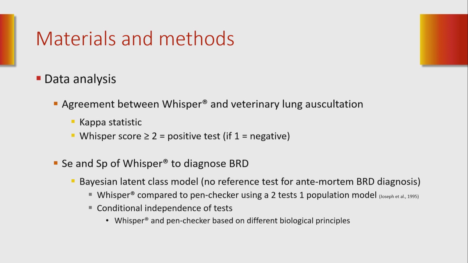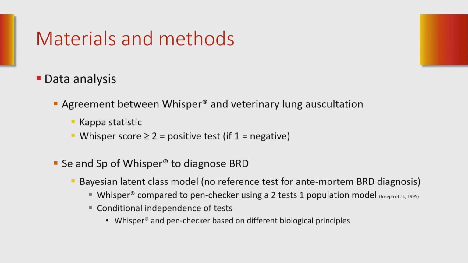The level of agreement between the Whisper stethoscope and the veterinary auscultation was assessed by kappa statistics. A Whisper score of 2 or higher was determined as positive, and a Whisper score of 1 was determined as negative. The sensitivity and specificity of the Whisper were evaluated using a Bayesian latent class model because of the absence of reference tests for ante-mortem diagnosis of BRD.